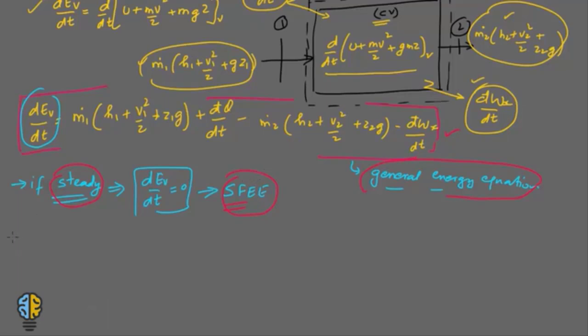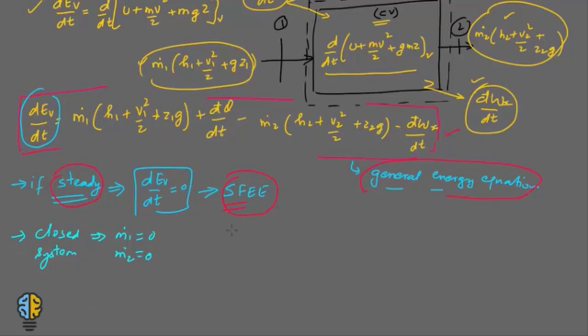The next sub point is if we consider a closed system. For a closed system there is no mass inflow or outflow. This means that m1 dot is equal to 0 and m2 dot is equal to 0 as well.